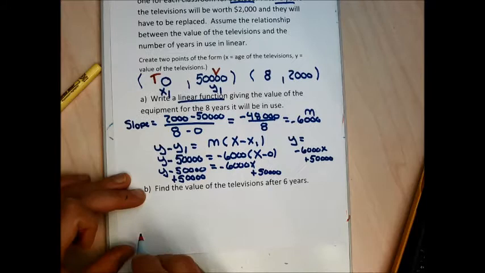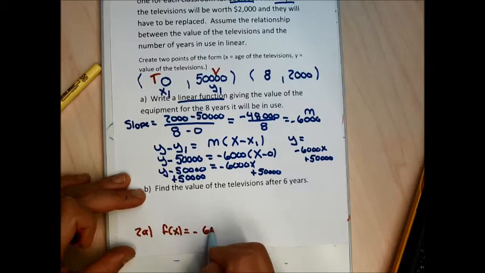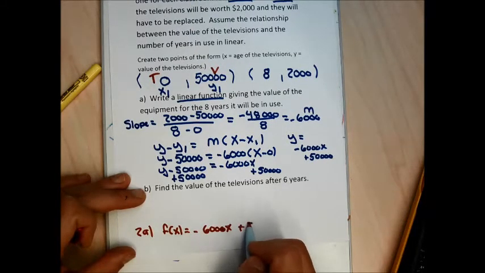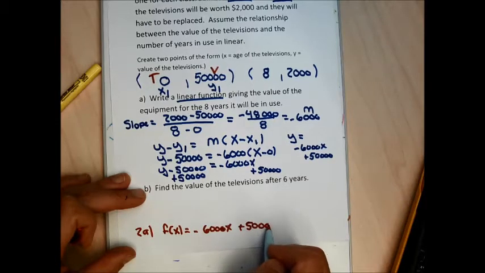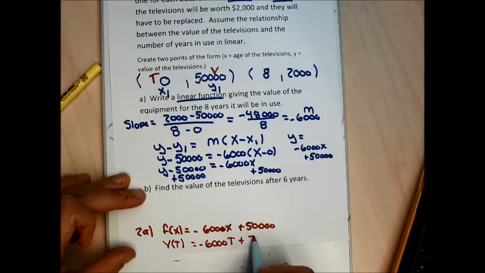So for part A of number 2, if your answer was f of x equals negative 6,000x plus 50,000, it fits the criteria perfectly. This is an equation of a line because the x has an exponent of 1, and it's in function notation. If you want it to be a little more fancy, you can say V of t, the value after t years, is negative 6,000 t plus 50,000.